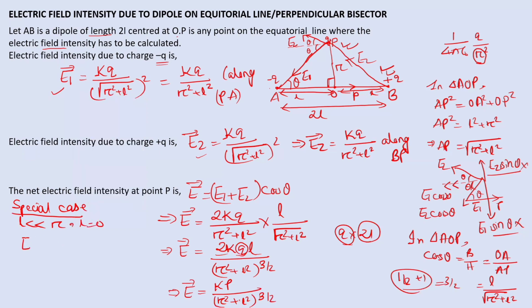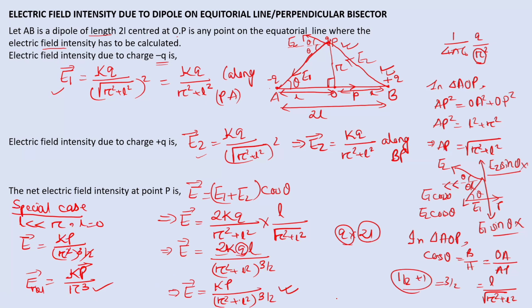So in that case, the electric field E equals Kp upon, with L being 0, R square whole to the power 3 by 2. 2 and 2 get cancelled, and you can write E equals Kp upon R cube. And on this P, you can put the vector symbol. So this is the net electric field due to a dipole on the equatorial line, and this is for a short dipole, and this is the general formula.